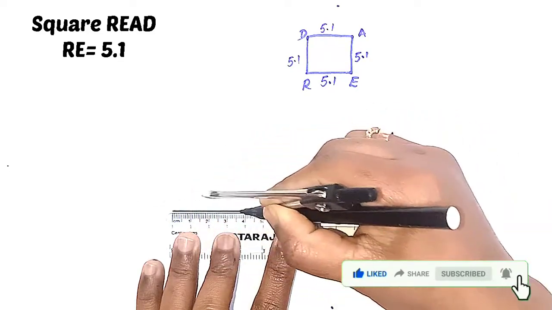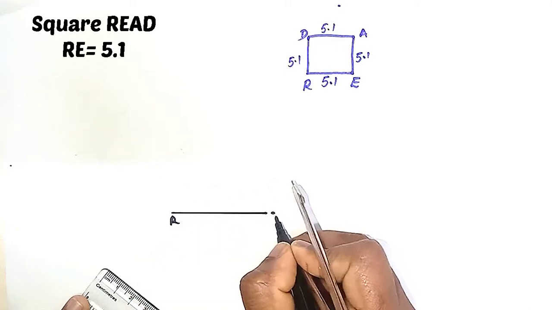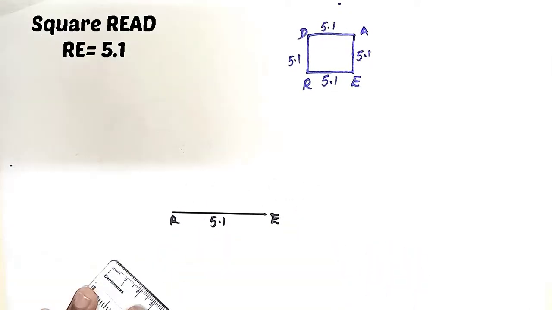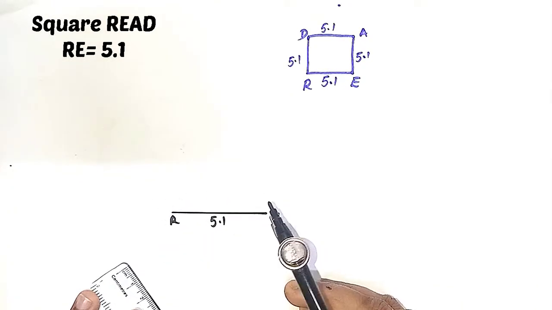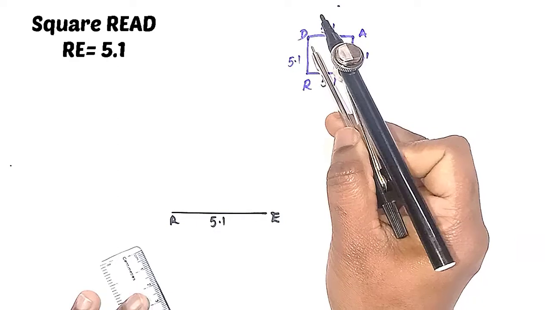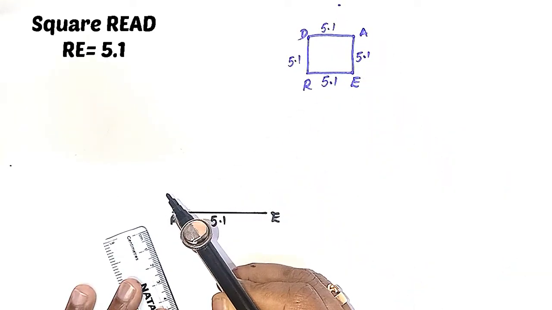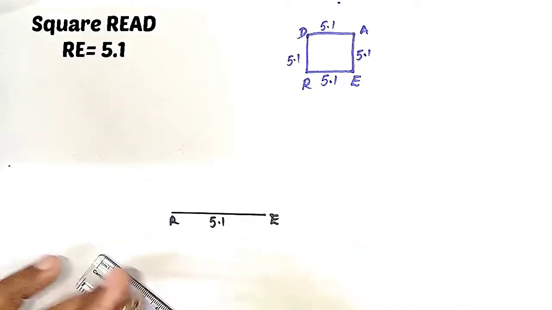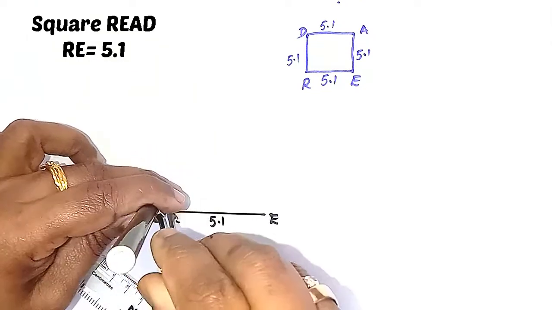Here, this point, RE, 5.1. Now angle R is 90 degree, angle E 90 degree, angle A 90 degree and angle D also 90 degree. So now I am going to draw angle R 90 degree. So we need to draw 60 degree and 120 degree first.